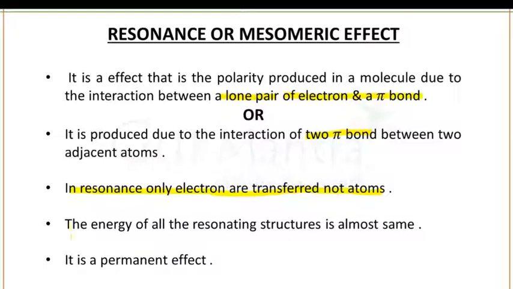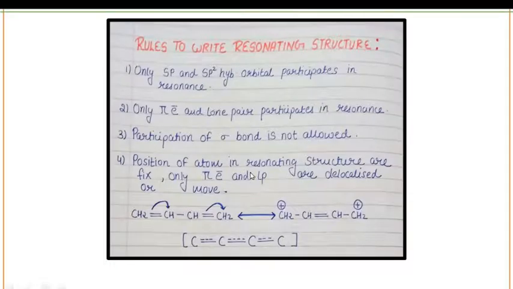The energy of all the resonating structures is almost the same. When you draw the resonating structures, the energy will remain the same, and this resonating effect and mesomeric effect is always a permanent effect.